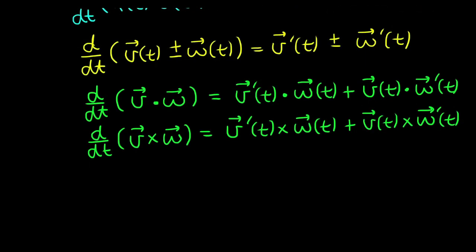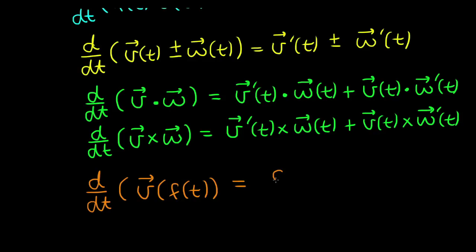And finally, if we have the derivative of a composite vector valued function, so v as a function of f, which is a function of t, then we can take the derivative of v with respect to f first and multiply this by the derivative of f with respect to t.